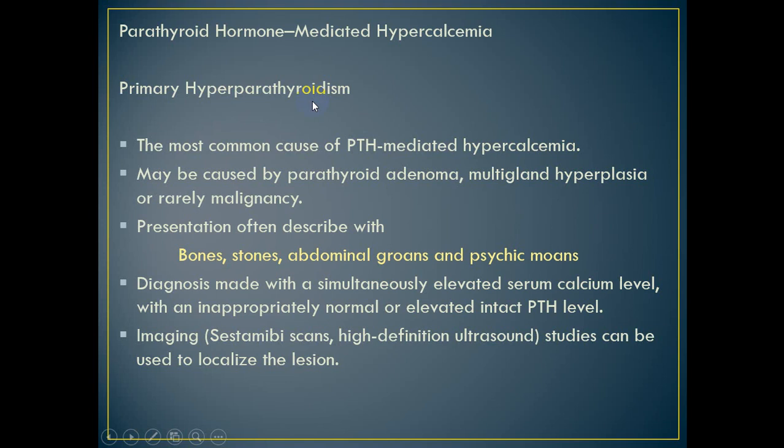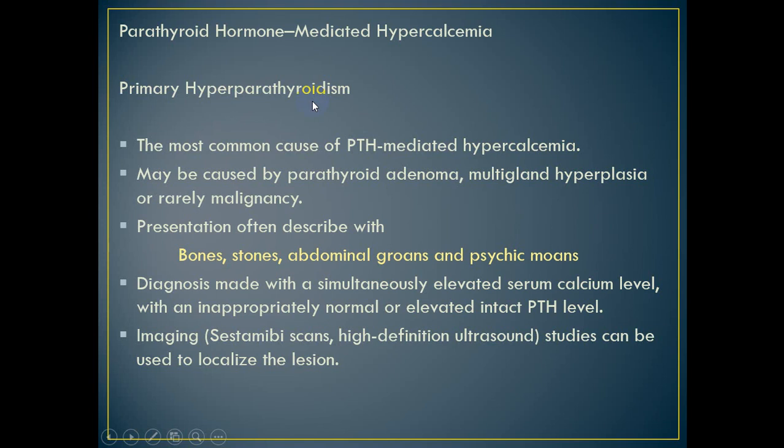Diagnosis of primary hyperparathyroidism is made by biochemical confirmation of high serum calcium, low or lower normal phosphate level, in addition to inappropriately normal or elevated parathyroid hormone.